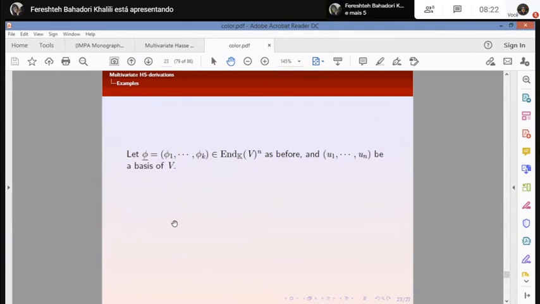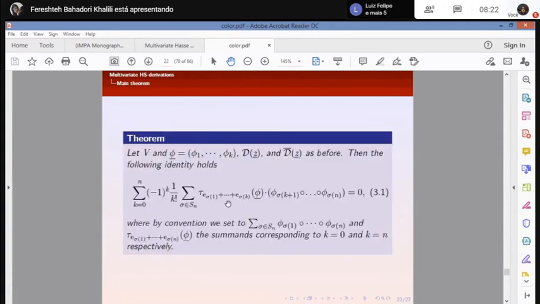Now one can see that these traces are special traces. I mean, if we have an n-tuple of indices, every component is 1 or 0.